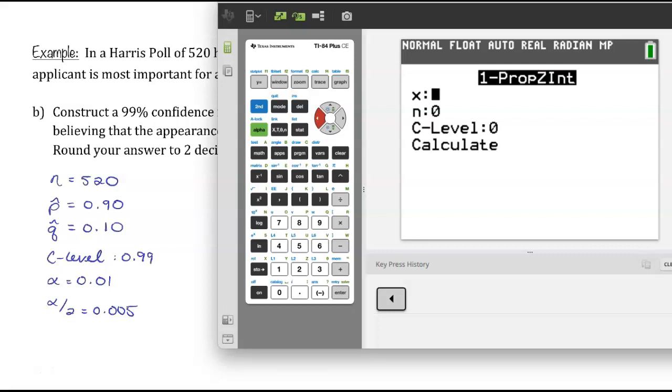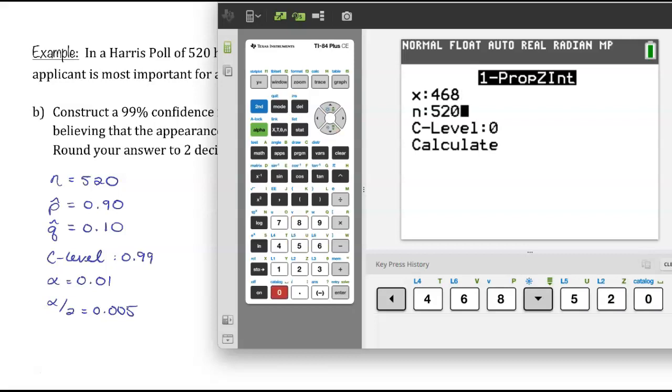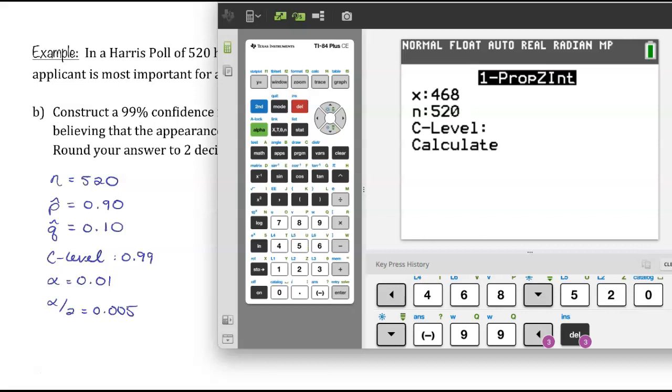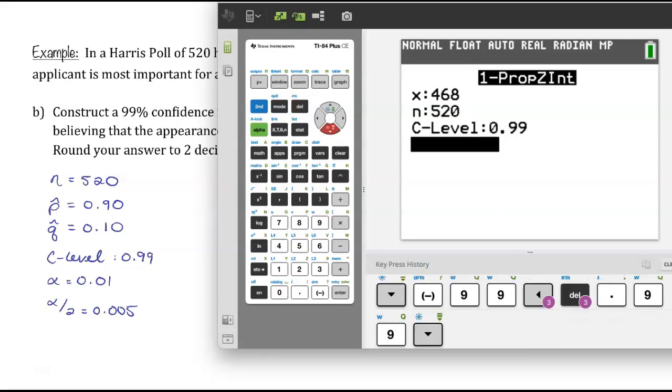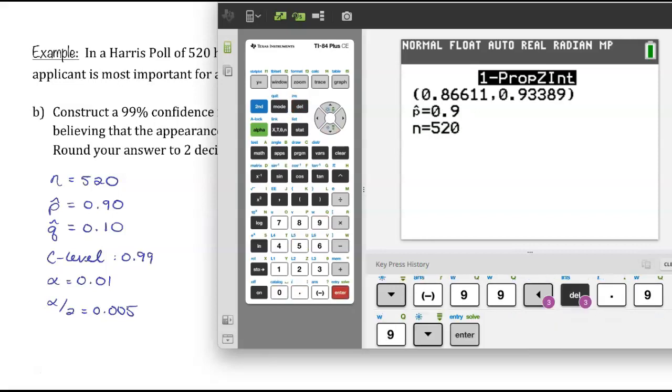We calculated X to be 468. Our sample size in this case is 520, and the confidence level that we are interested in is 99%. Notice that the output gives us the interval along with the sample proportion and the sample size. So our interval, rounding to 2 decimal places, is 0.87 to 0.93.